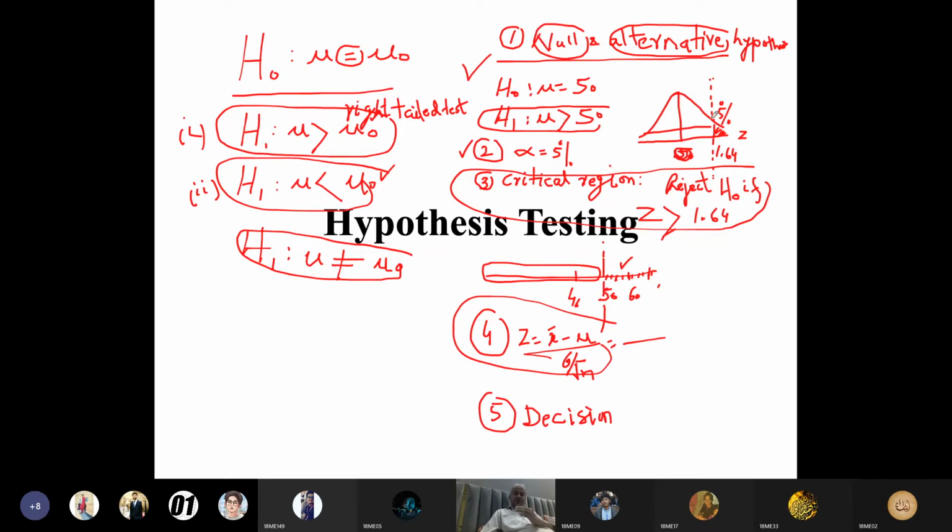If it is a greater than, then right side. If it is less than, left side. If it is not equal, then we follow two tail test. So here you follow right tail test. Here you follow left tail test, because the error goes to the left side.